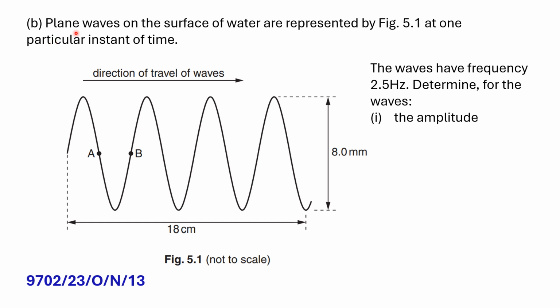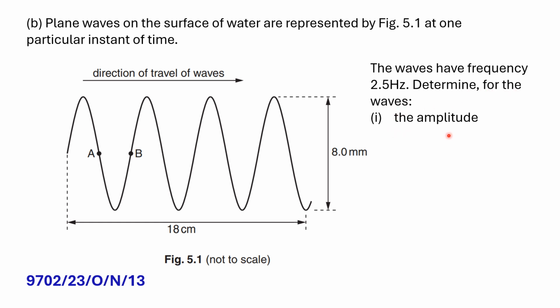Question B. Plane waves on the surface of water are represented by this picture at one particular instant of time. The waves have frequency 2.5 Hertz. Determine the amplitude of the waves.